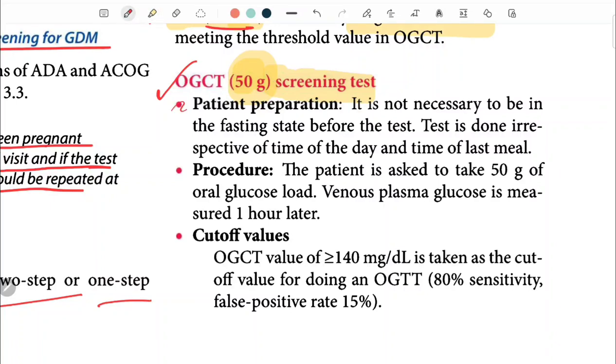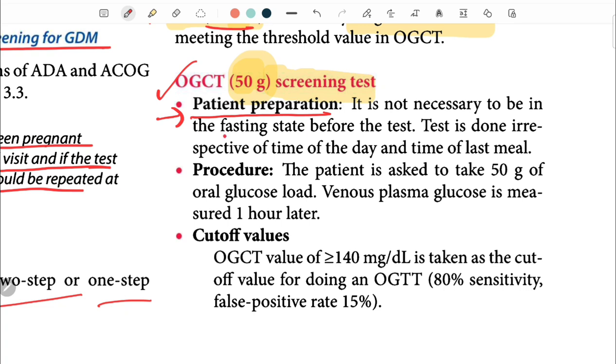The first step is patient preparation. It is not necessary to be in the fasting state before the test, so the test is done irrespective of the time of day and the time of the last meal.